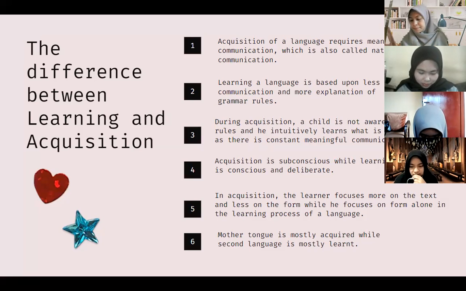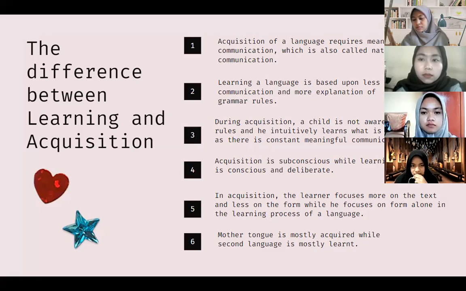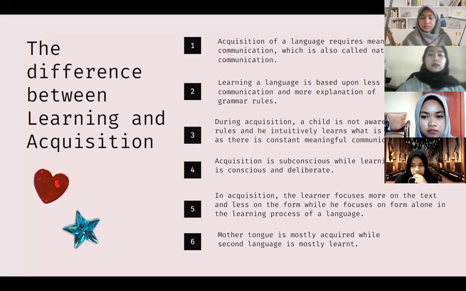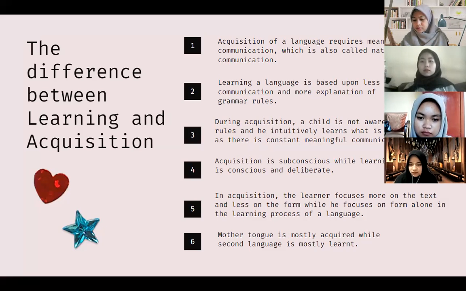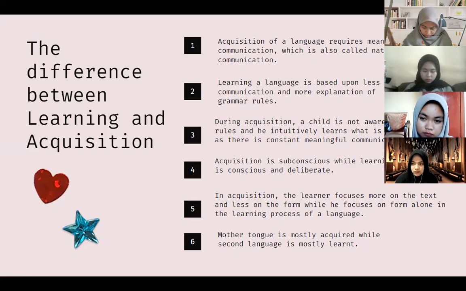The second one is learning a language is based upon less communication and more explanation of grammar rules. The third one is during acquisition, a child is not aware of grammar rules, and he intuitively learns what is right or wrong, as there is constant, meaningful communication. And the fourth, acquisition is subconscious, while learning is conscious and deliberate.